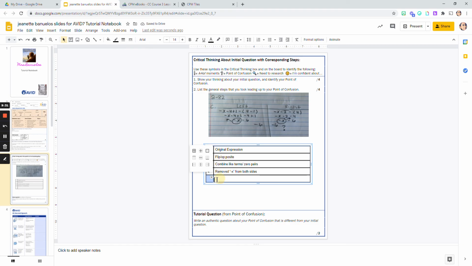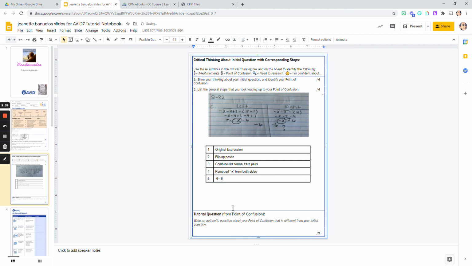And fifth, I was left with -6 equals -6. And so this is the part where I was confused and didn't know what the answer is.